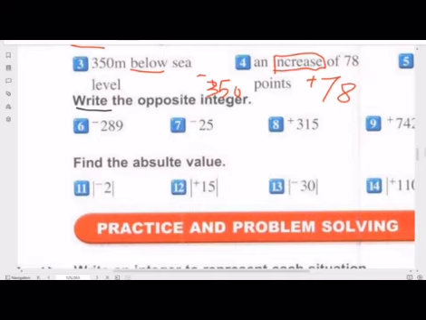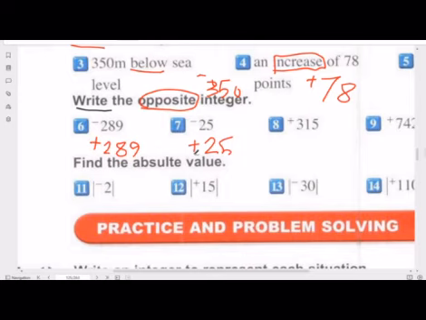For example, question 6 says negative 289. The question says opposite, so we say the opposite of negative 289 is positive 289, right? Negative 25, the opposite is positive 25. It's like that.